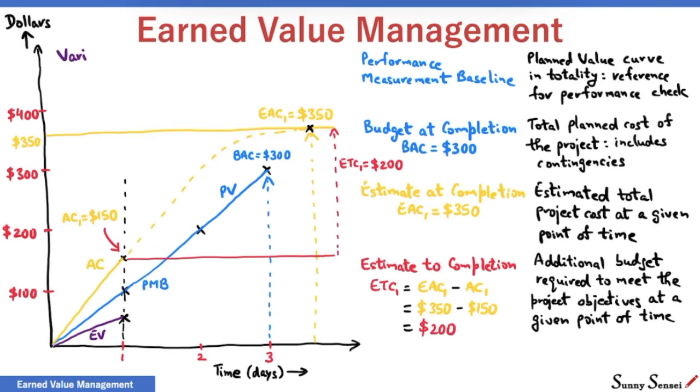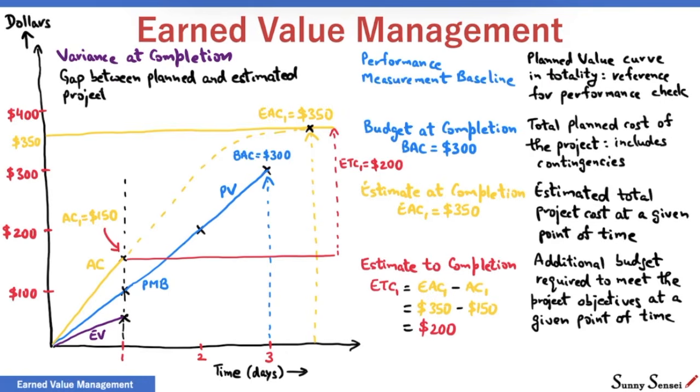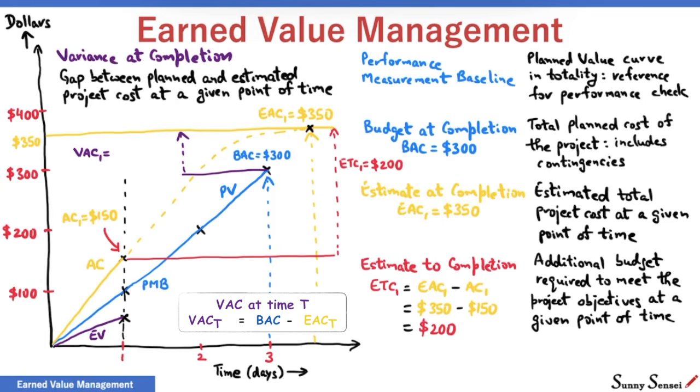Finally, variance at completion, or VAC. It is the gap between planned project cost and the estimated project cost at a given point of time. Planned project cost is budget at completion, and the estimate is estimate at completion. So, variance at completion is simply BAC minus EAC.